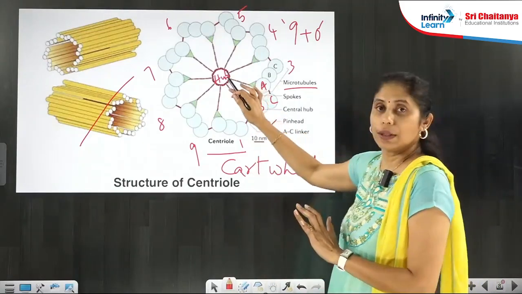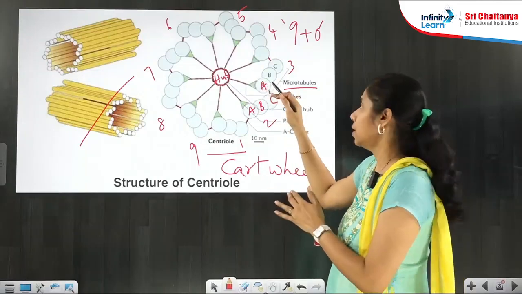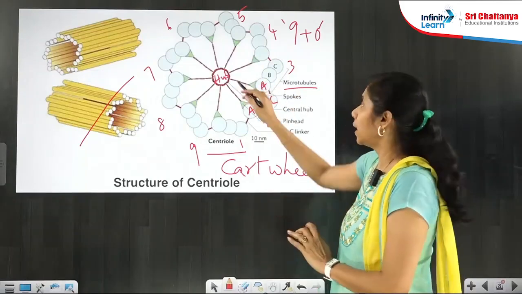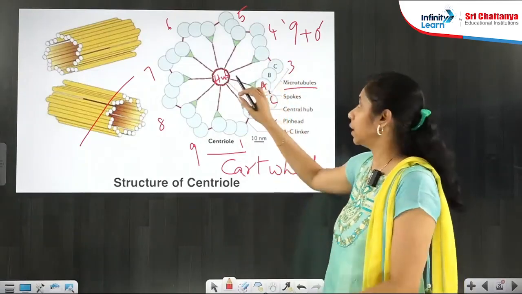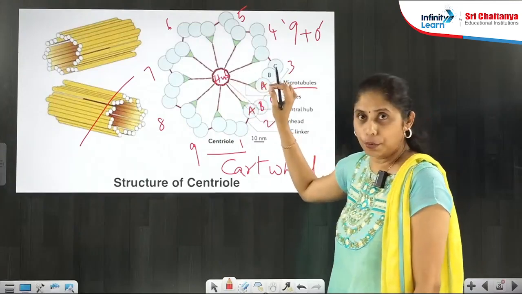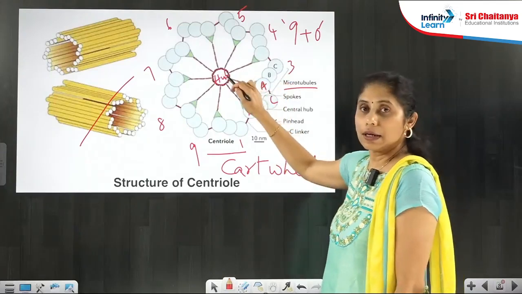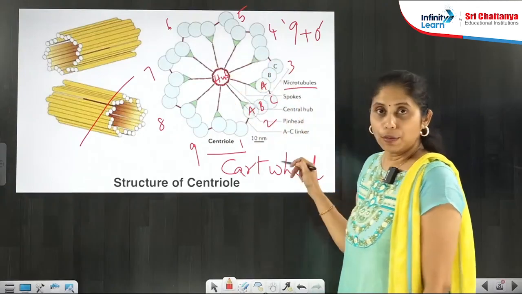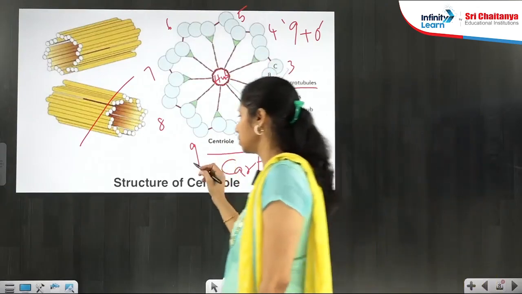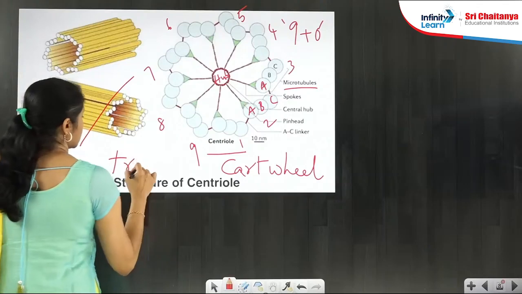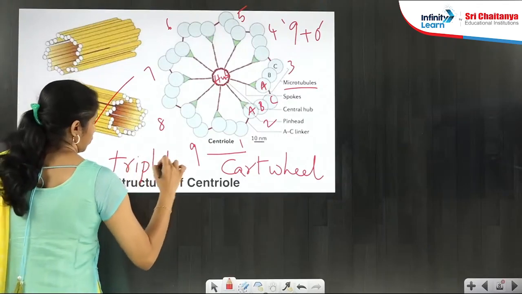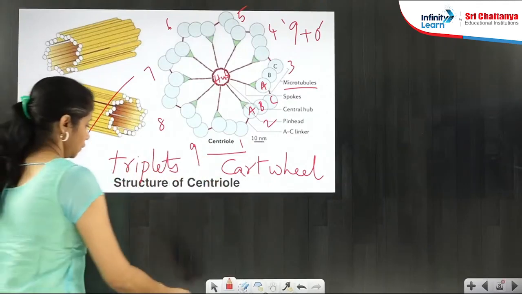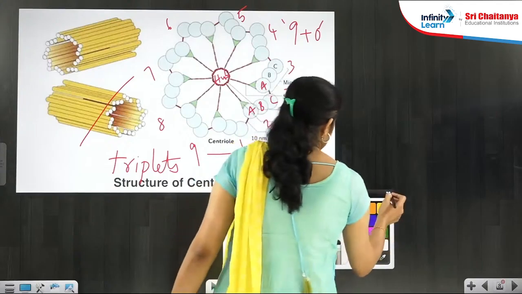This is the difference between the cilia and flagella structure and the centriole structure. The center part, called the hub, is made up of just protein and does not have any central microtubules. It has 9 triplets of microtubules.